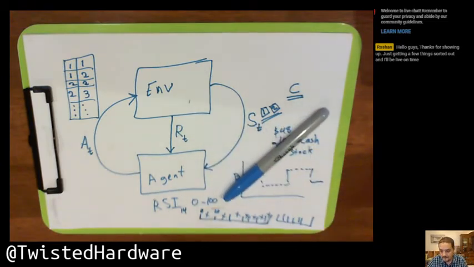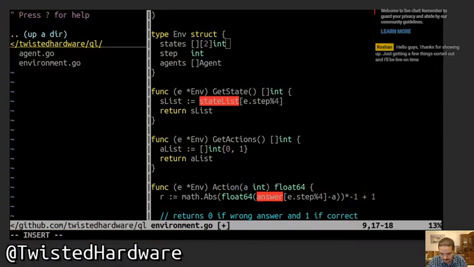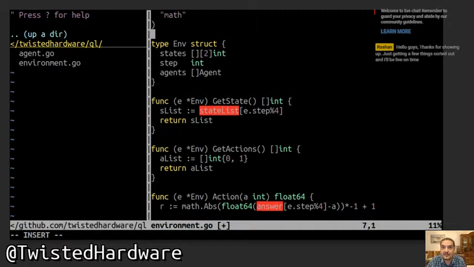So back in here, back to our code, we'll have to read our comma separated value file and parse it into this.